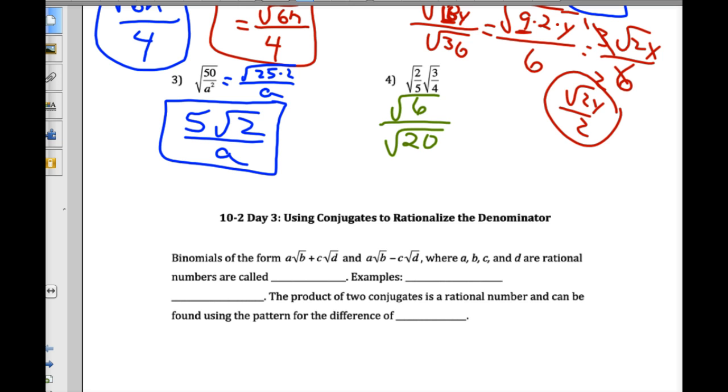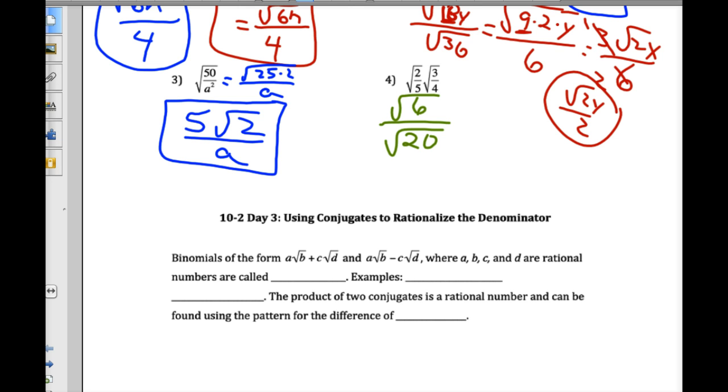Smart. Genius. But you know the way we did it? Here's my question: what's the smallest number radical 20 could become that makes it a perfect square? 100.